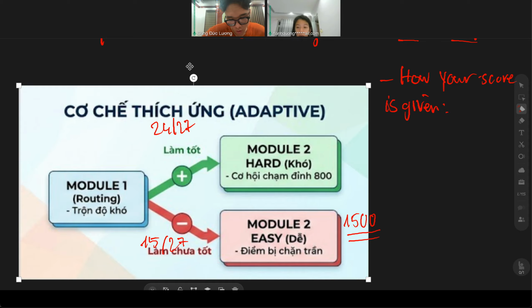And the system will compare your performance with others to give you your score.